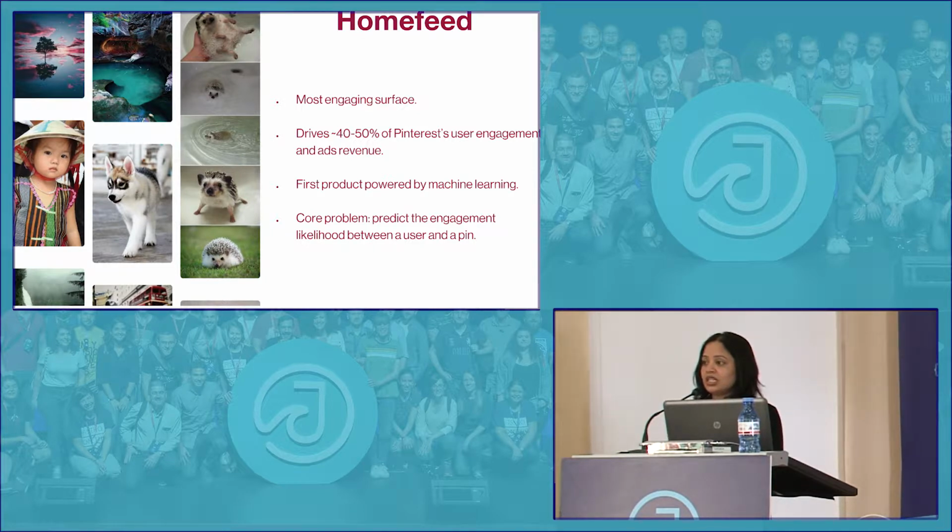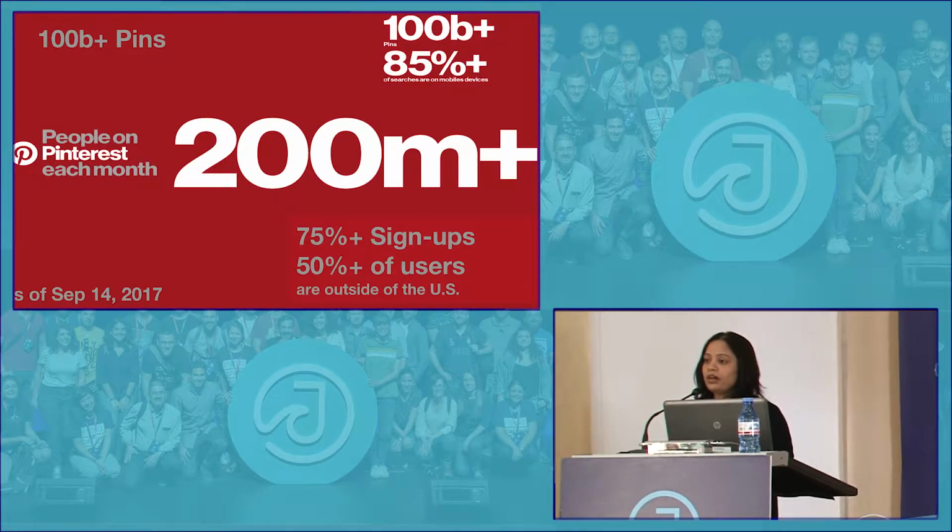It is predicting the engagement likelihood between a user and a pin. How likely is a user going to engage with a pin? That's what we're predicting, and that's where the machine learning aspect of this whole thing comes into play. That's just one product. Now, giving you a little bit of a sense of the scale of Pinterest, we have over 200 million monthly active pinners.